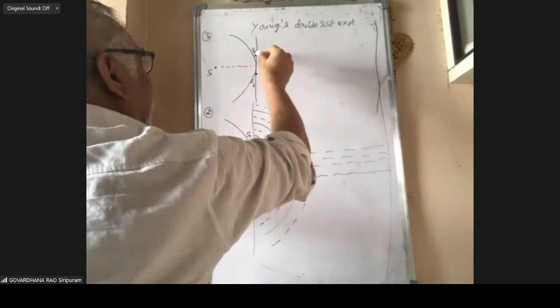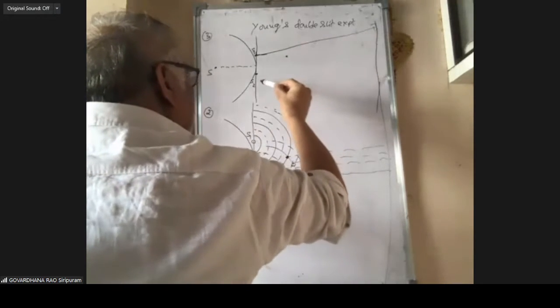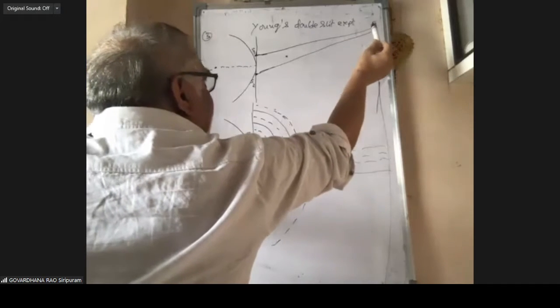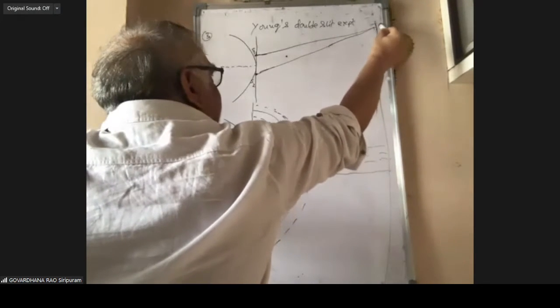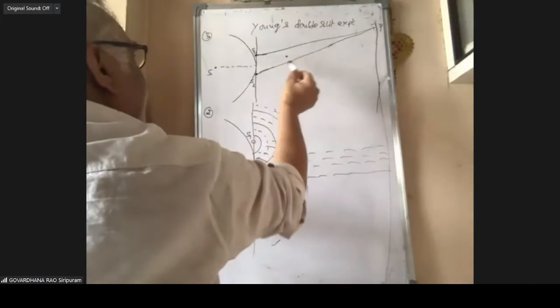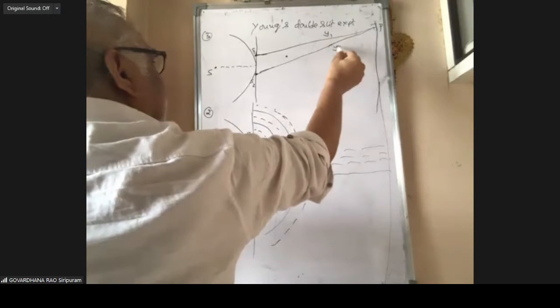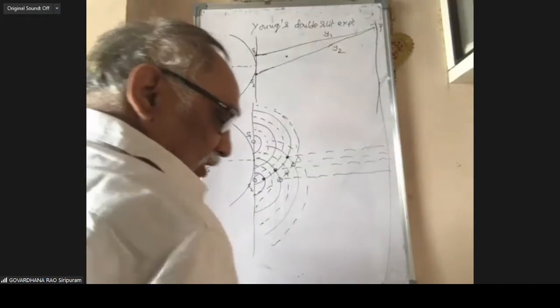Light wave is coming from S1. Light wave is coming from S2. These two waves, this is Y1 wave, this is Y2 wave. These two are combining at the point P. Okay?